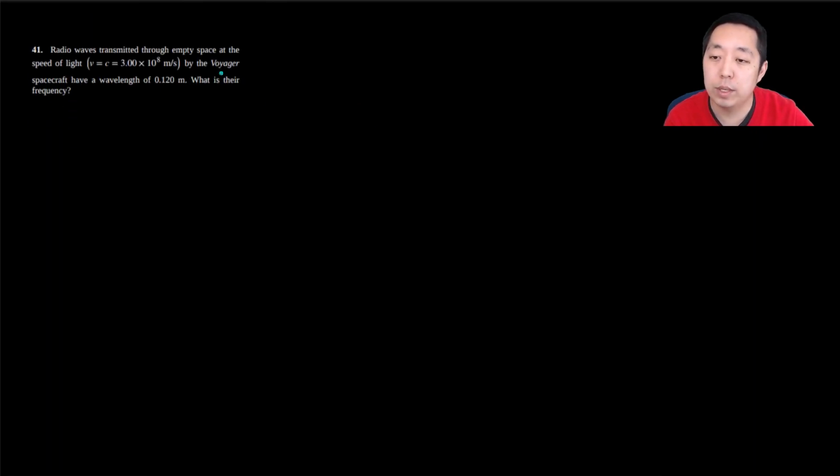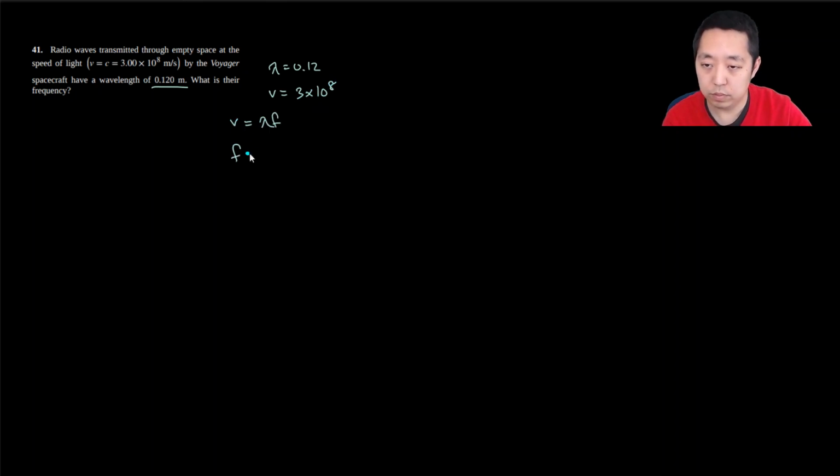Radio waves are transmitted through empty space at the speed of light, v, this is the velocity, by the Voyager spacecraft, and have a wavelength. So lambda is equal to 0.12 meters, and they say the velocity is equal to 3 times 10 to the 8th. Lambda f, so f is v over lambda. So 3 times 10 to the 8th meters per second divided by 0.12 meters.